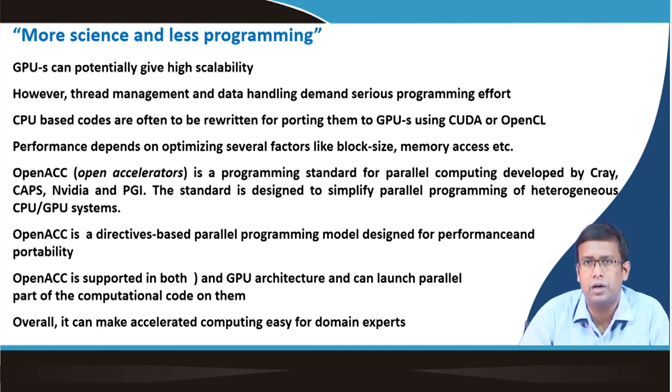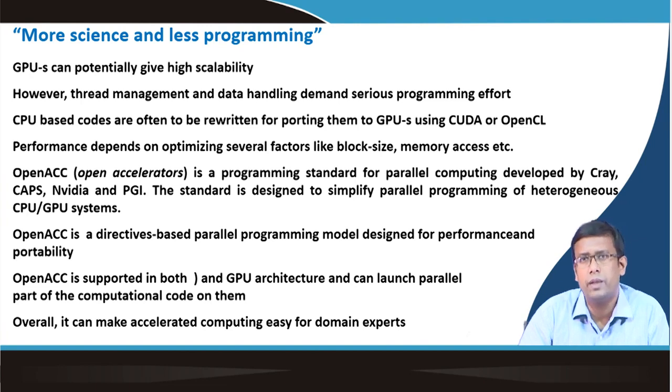But with a CUDA program, if you have legacy code, it is very difficult to directly convert it into GPU code. You have to identify the portions which can be parallelized, do the right thread algebra, and many things are there. You have to copy data between GPU and CPU, allocate variables, and many operations are to be done. So, CPU based codes are not very easily ported into GPUs.